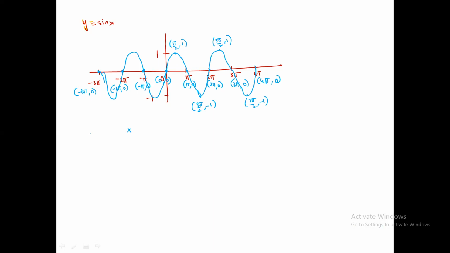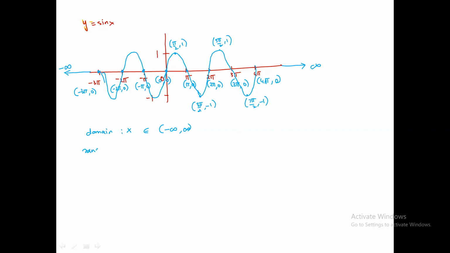If you take the domain, that is the values of x, they belong to the interval minus infinity to infinity, because on the left side the graph is going up to minus infinity on the x-axis, and on the right side it is going up to infinity.